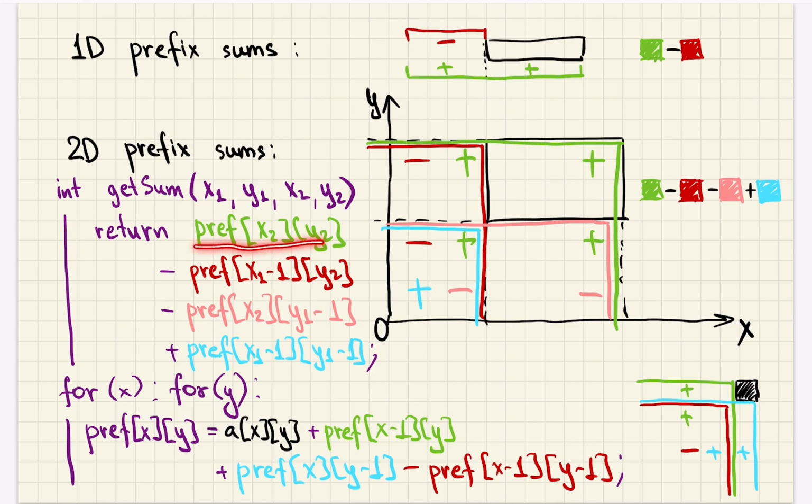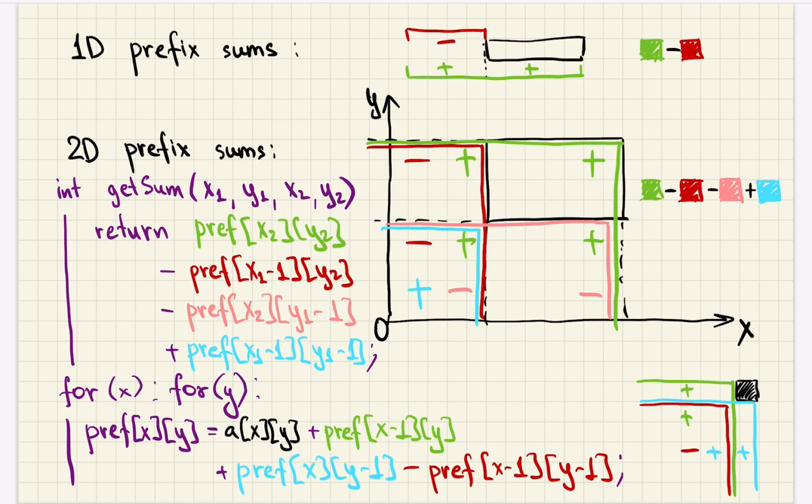So it's green thing prefix of x2, y2, then minus red thing which is prefix x1 minus 1, y2, as it is to the left of our rectangle. Then similarly by other coordinate for the pink thing, and then we need to add back the cyan thing which is prefix x1 minus 1, y1 minus 1.